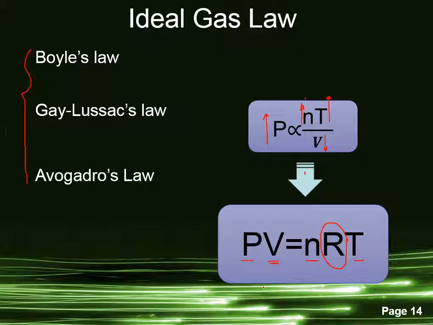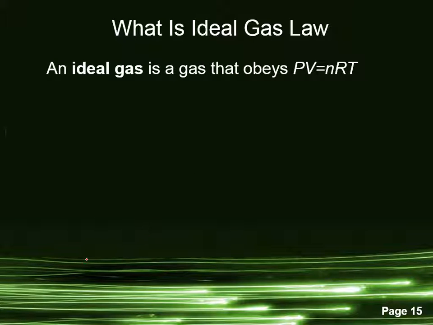This is an important equation called the ideal gas equation, which is a very useful equation, and we can do a lot of things with it. For example, if we know pressure, volume and temperature, we can calculate the number of moles in the system, or if we know the number of moles, pressure and temperature, we can calculate volume. And this is only true for ideal gases. The next obvious question is, what is an ideal gas?